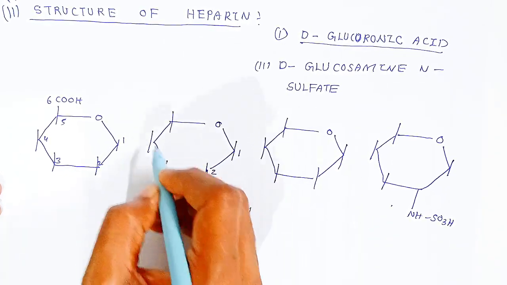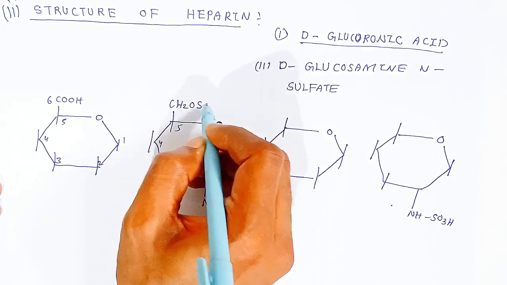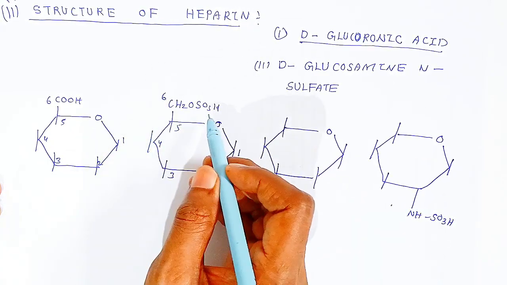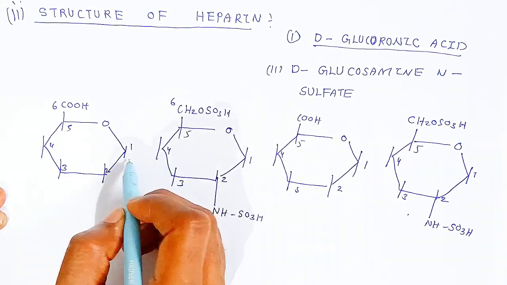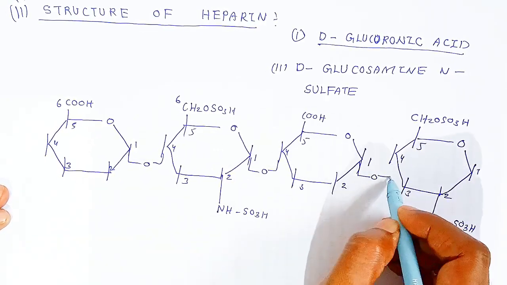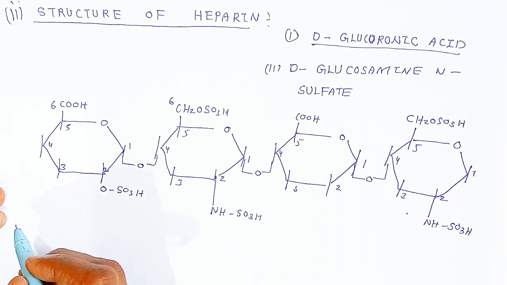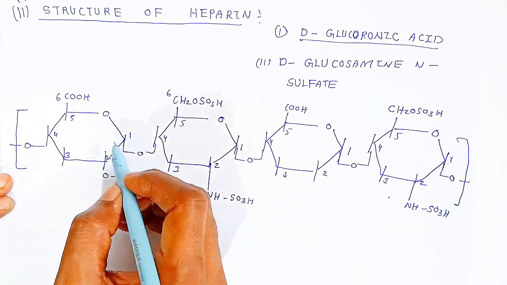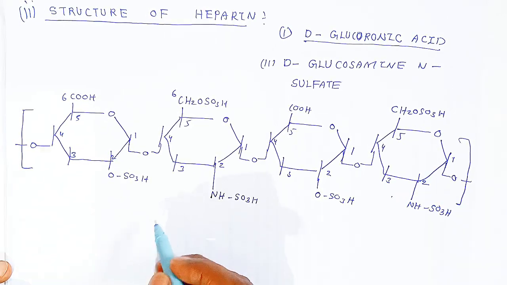Again here, this is carbon number 1, 2, 3, 4, 5 and this is CH2OSO3H. This carbon 6 will again contain the sulfate group. Now between carbon number 1 and 4 there is a glycosidic bond. Now fill the valency, students. So this way I have filled. This is your D-glucuronic acid. So this is the structure of heparin.